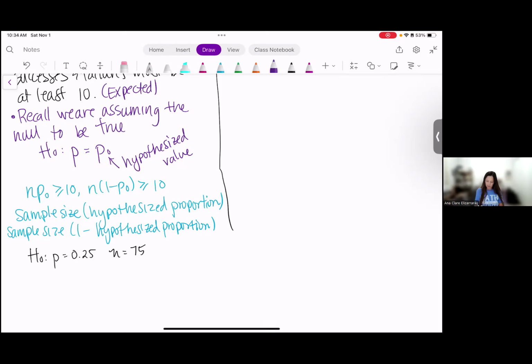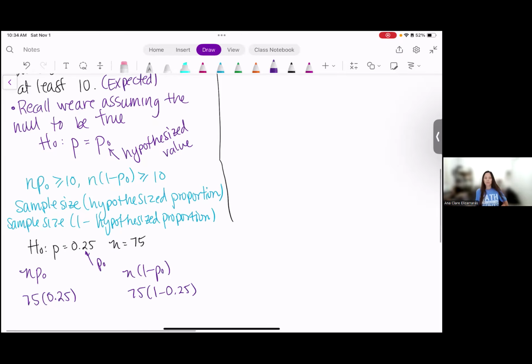What we would do is we would take n times p0, where this is p0 here. And we would take n times 1 minus p0. So 75 times 0.25 and 75 times 1 minus 0.25. And then I would determine whether those values are at least 10.